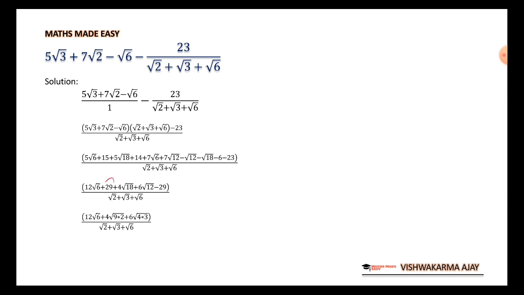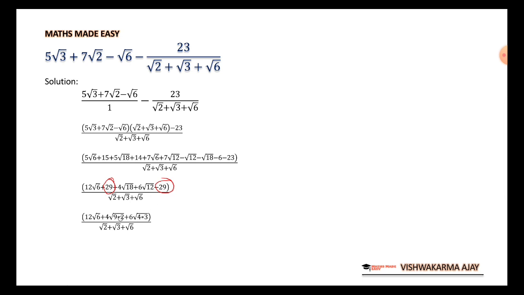Now this 29 and minus 29 will cancel each other. Further, if you see this carefully, for 18 I can write 9 times 2, and for 12 I can write 4 times 3.